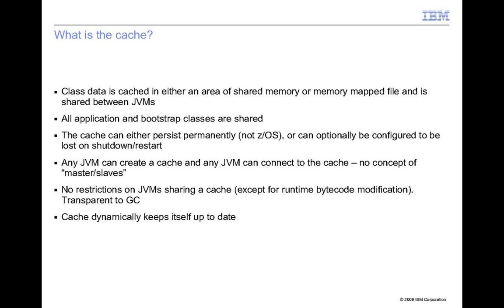The feature's been designed so that you should be able to turn it on and forget about it. The cache dynamically keeps itself up to date, adding classes to the cache as different classes are loaded, adding AOT data to the cache as new methods are compiled.